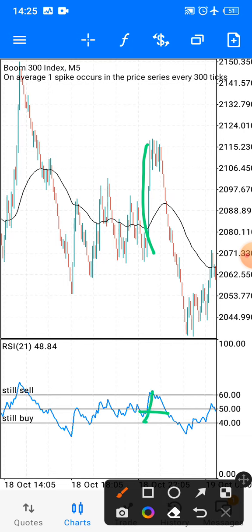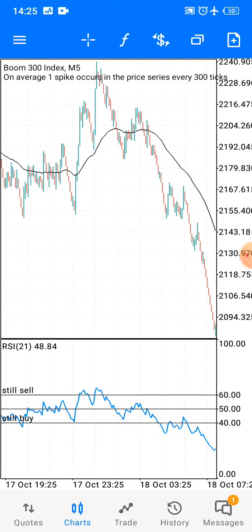So here, that's when we'll be entering if the RSI forms this cave here on the level 60 exactly. This is for sales only. And if it's for buys, we want the cave to form on the 40 level. So here, when it forms this cave right there, that's when we enter, which means we enter after the break of that support right there, where it was consolidating. So that's when we'll be entering.